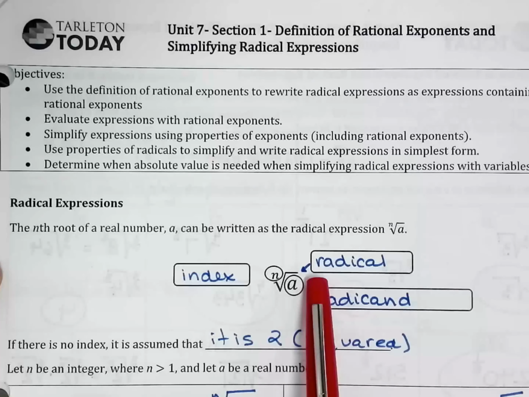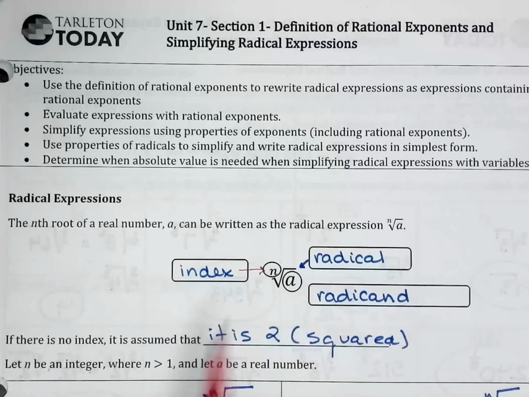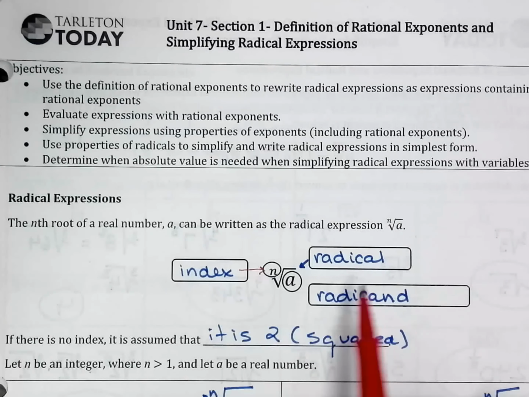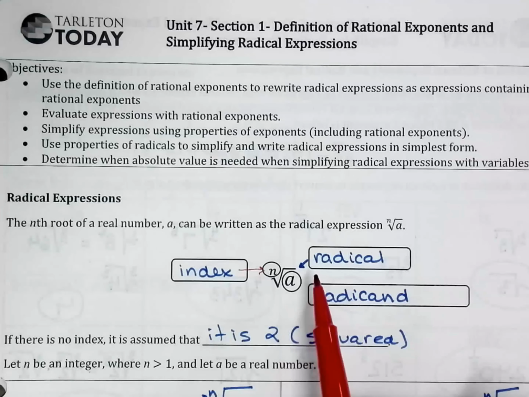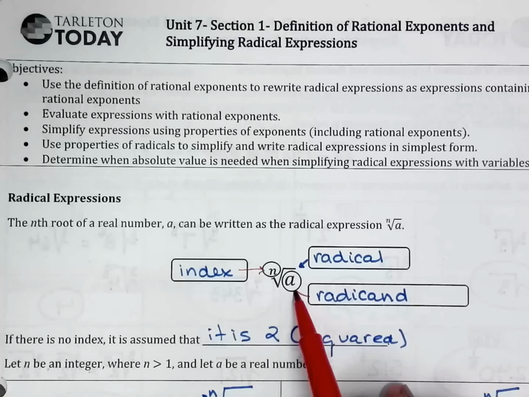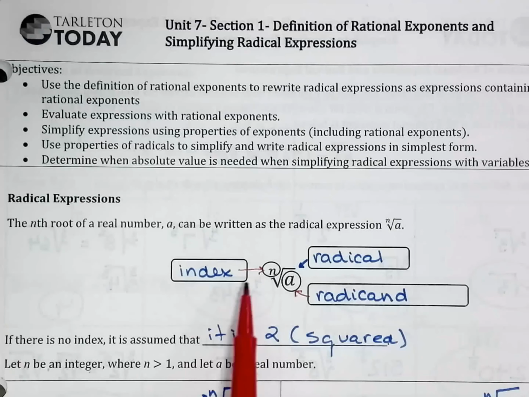Okay, so when we have a root, that number right there is called the index. The root is called a radical, and the number, or sometimes a letter, under the radical is called the radicand.